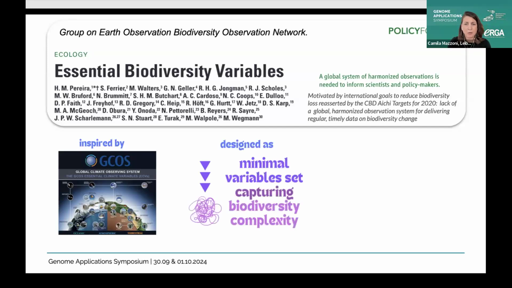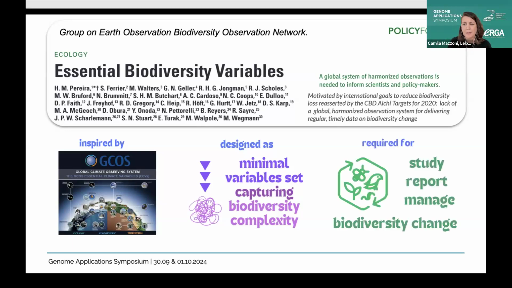So these essential variables, and thinking about the essential part of it, is that there should be a minimal set of variables that will capture biodiversity complexity. You can see the trouble there: we are talking about enormous complexity, and now we are trying to find a set of variables that will capture that. And this is with the goal that these variables will help us study, report, and manage biodiversity change.